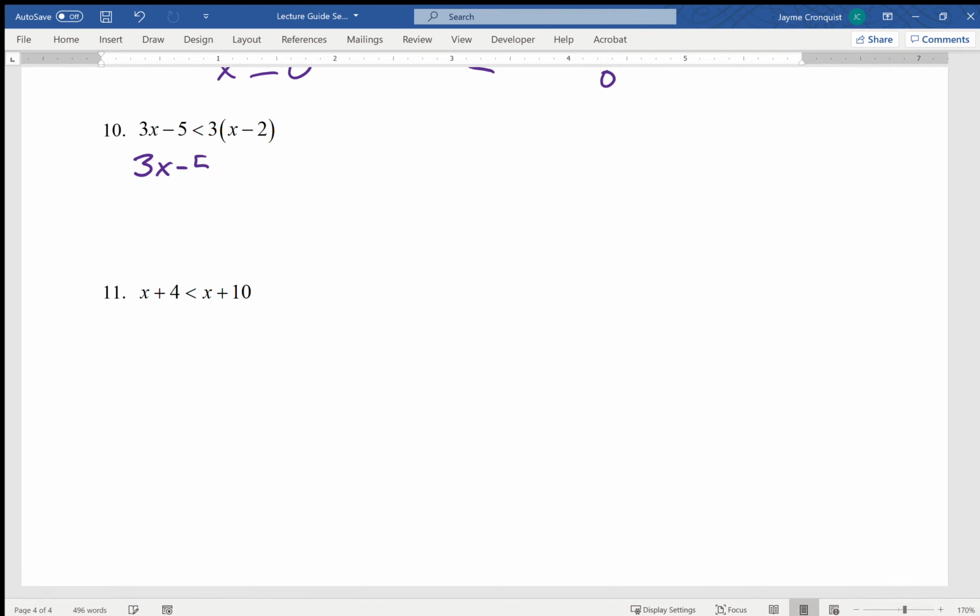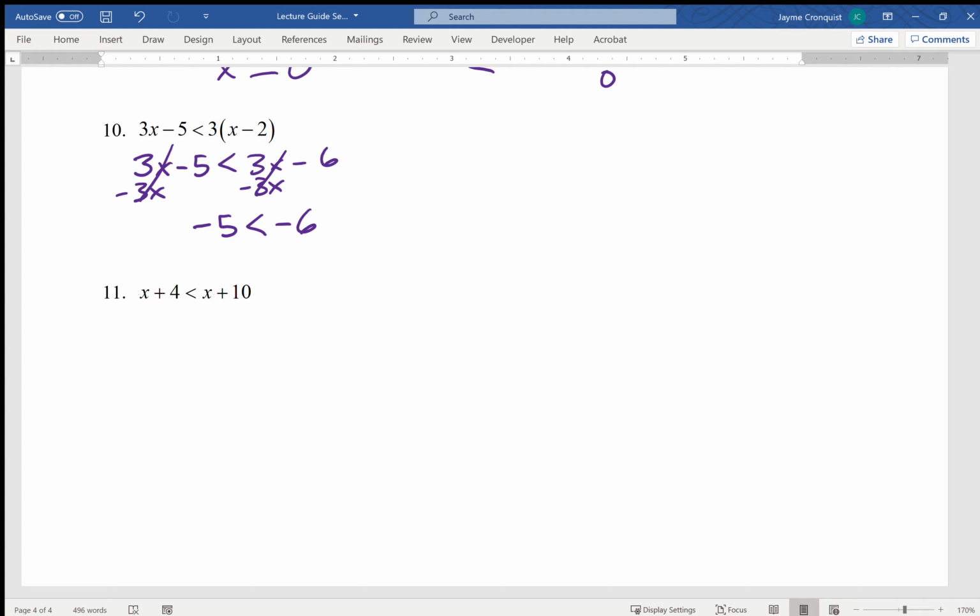All right, I'm going to distribute the 3 in. 3x minus 5 is less than 3x minus 6. Well, now, what's going to happen when I subtract 3x from both sides? Well, my x's go away. That's a problem. I end up with negative 5 less than negative 6. Okay, is this true?